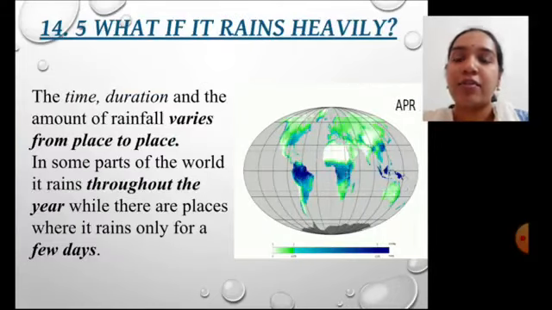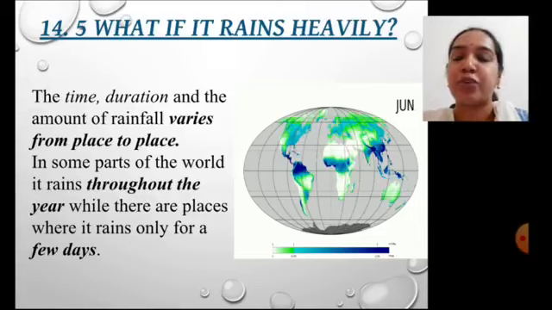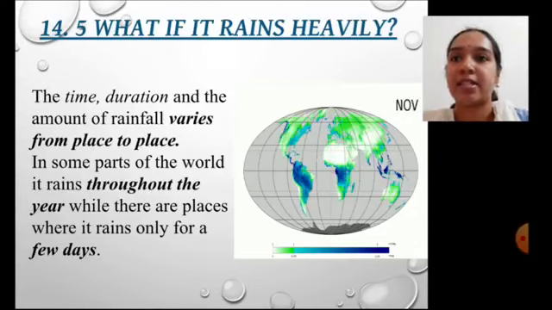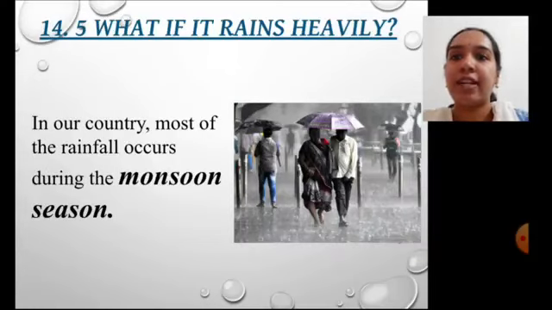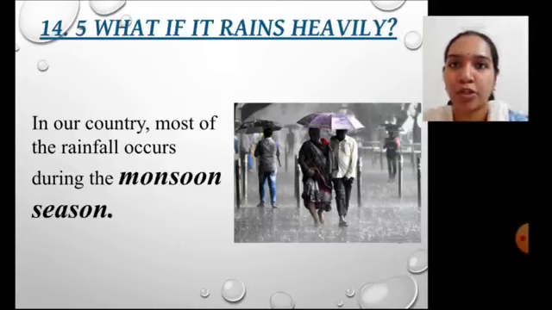The rainfall varies from place to place throughout the year. It is not the same at all places. In our country, the season of rain occurs mostly during the monsoons.